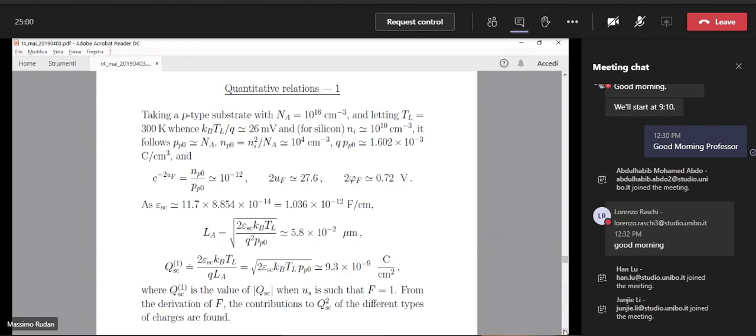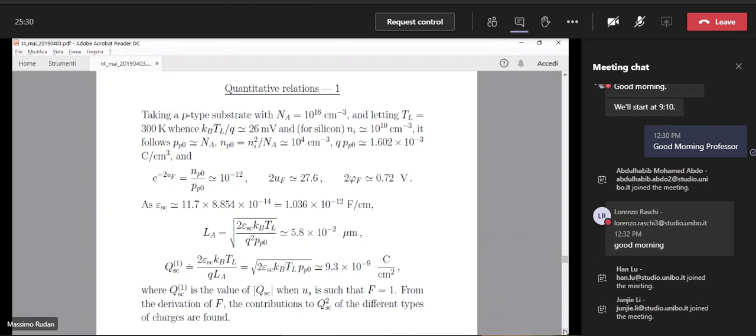If we take typical values like a dopant concentration equal to 10 to the 16th, and we consider the room temperature case, we have for the intrinsic concentration 10 to the 10th electrons per cubic centimeter, corresponding to NP0 equal to 10 to the 4th.